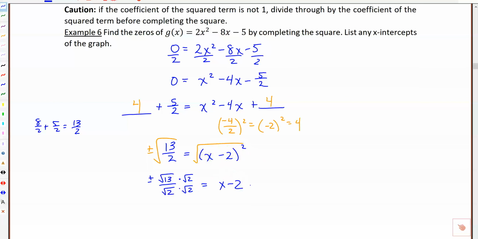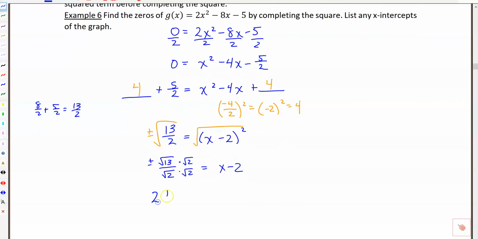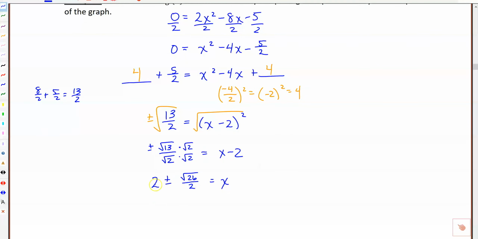So we're going to need to add 2 to both sides. So I'll have 2 plus or minus the square root of 26 over 2. So that's going to be equal to my variable, or if you wanted to, you could get common denominators here and push all this together. That would be 4 plus or minus the square root of 26 all over 2. That's another way that you could write your final answer.